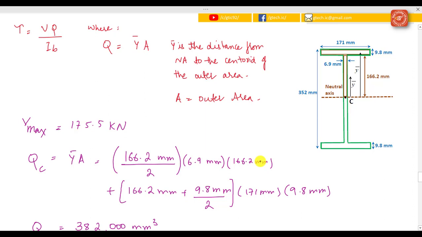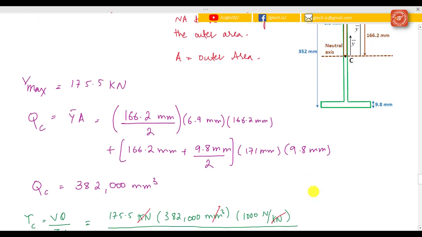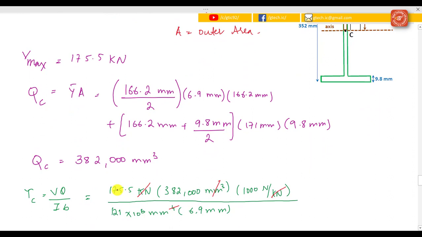And then I have to use the other standard shape, which is the flange, and y bar is 166.2 plus 9.8 over 2, then multiply that by the area of the flange, which is 171 millimeter times 9.8 millimeter, and that's equal to QC, that is 382,000 cubic millimeter.